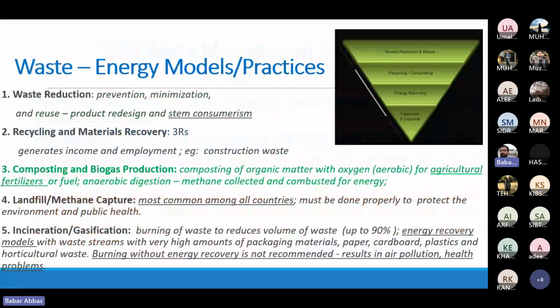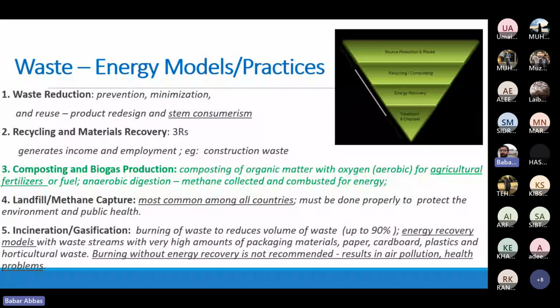Waste to energy models or practices include waste reduction, as we know that there is a 3R system, which says that we must reduce, reuse, and recycle the waste. Biogas generation comes under the category of recycling, because the waste has been generated and now we are going to recycle that waste. Composting and biogas production with oxygen for agricultural fertilizers or fuel, anaerobic digestion, with methane collected and combusted for energy.